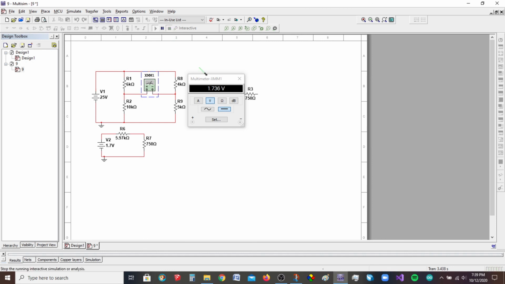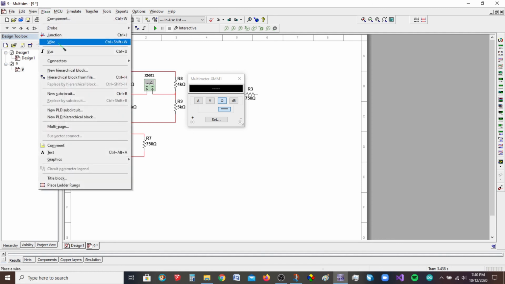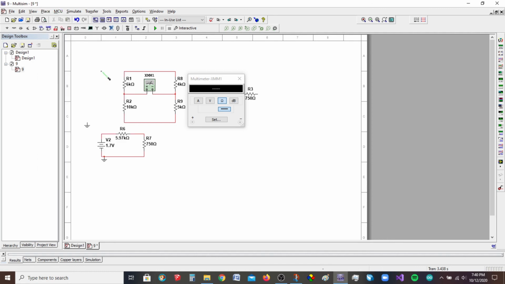If I want to know what the RTH is, I move this over to ohms, and I come back over here. I'm going to Control X so I can Control V it. I'm going to Control X the source, and then I'm going to short this out. I guess I have to put a junction here, don't I? Just put one right there so that I have something to draw to over here.